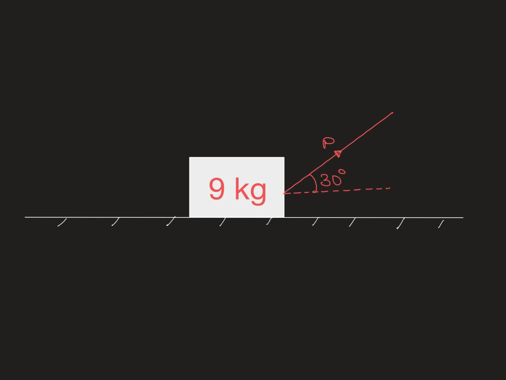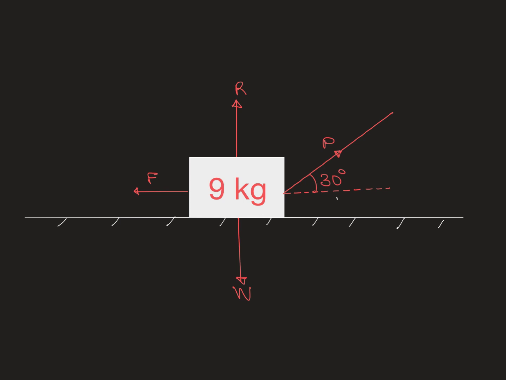To complete the diagram, we have the frictional force acting in the opposite direction, and we have the normal reaction R and the weight W. If this body is to move along the horizontal surface, the horizontal component of P is what is responsible for moving the object along the horizontal surface.